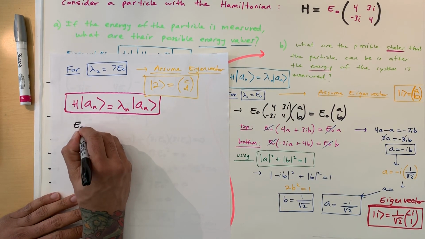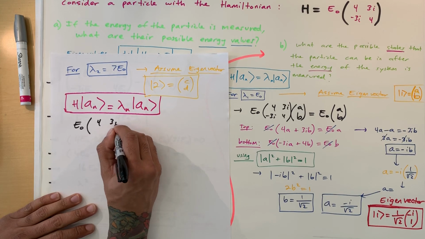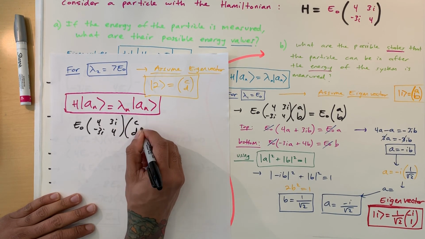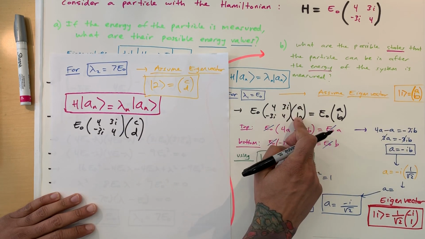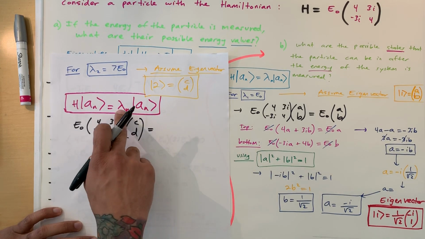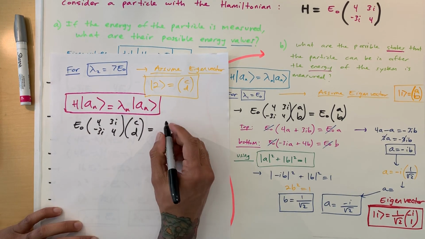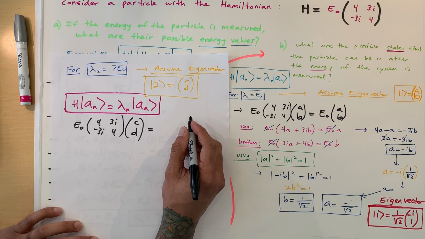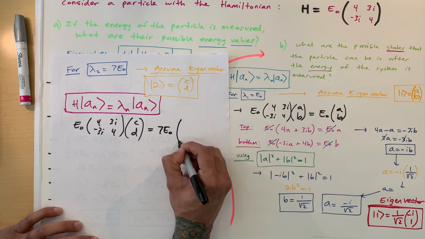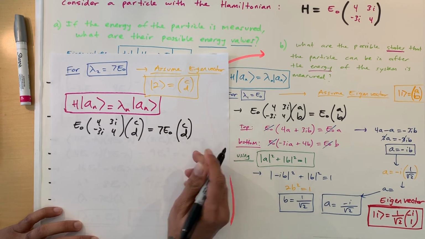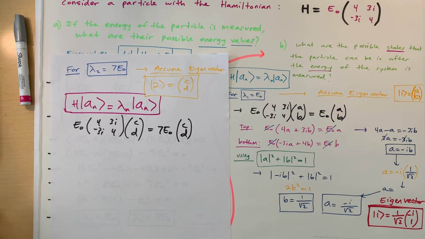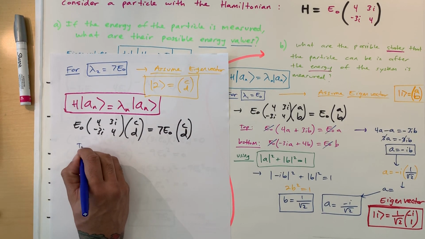We got E naught, we got 4, 3i, negative 3i, 4. We got C and D this time instead of A and B, and then equals the eigenvalue, what did we say? We get 7E naught. And then again, our state is C and D. Okay, same as before. Let's do the top.